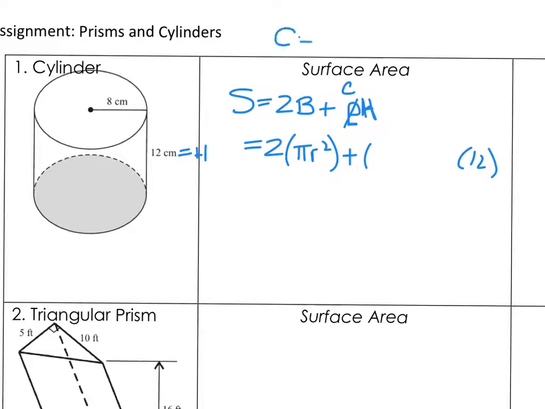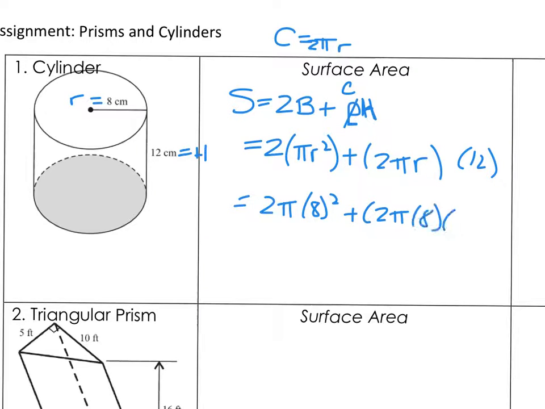It's because there is no perimeter with a circle. It's circumference. And it's 2 pi r. Okay, radius is 8.